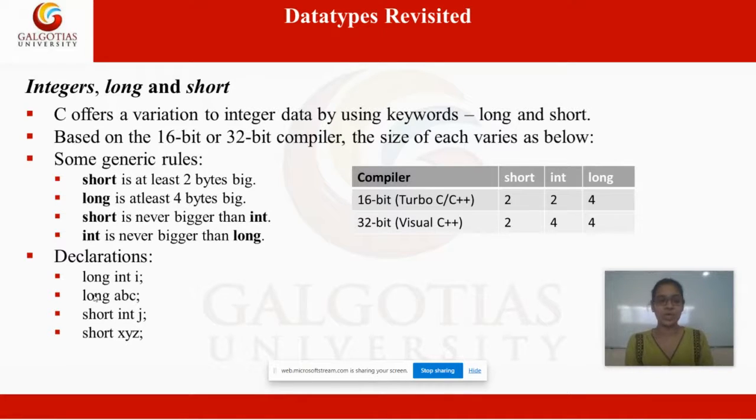So you don't need to write int in between. Obviously, the shorthand is more popular because it is less words, but yes, both are correct. So you could write that as long int I, or you can skip that int and name it as long ABC. Now, same goes for short. Short int j is also valid, and short xyz, where we have omitted this int, is also valid.